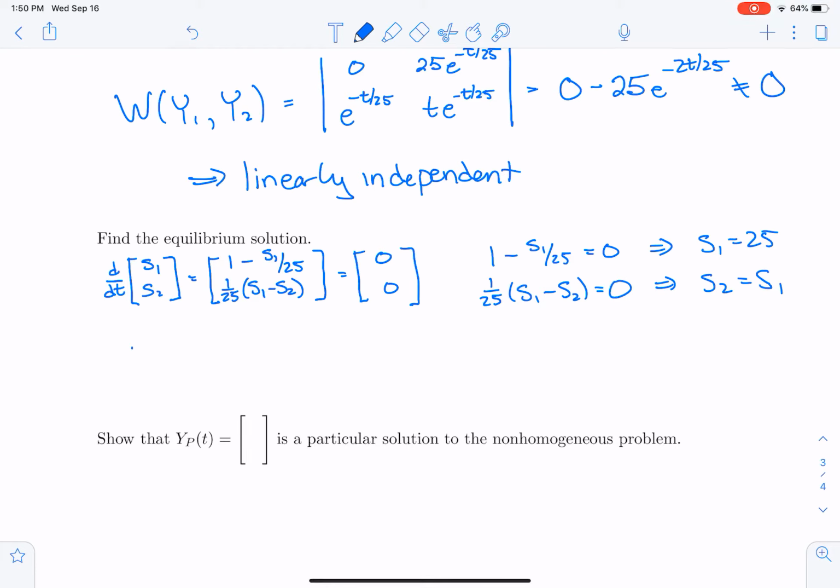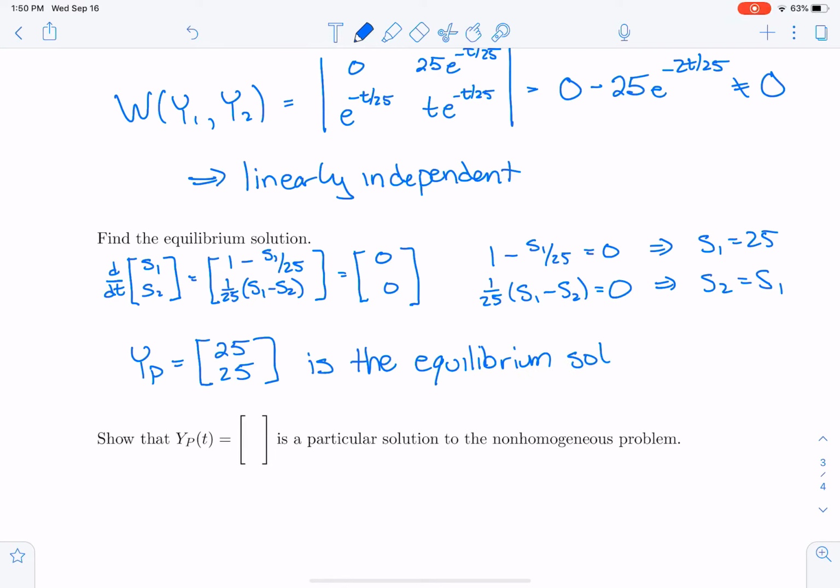And so y sub P, which is the vector 25, 25, is our equilibrium solution. So we found a solution so that the derivative of that solution is 0.